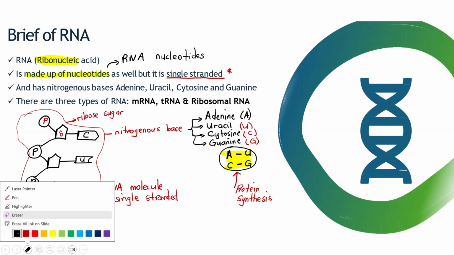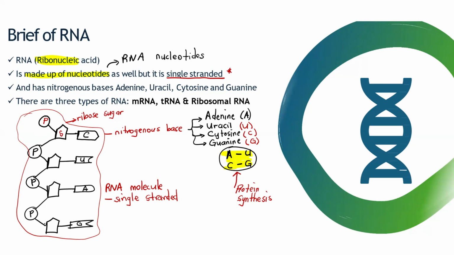It is the monomer. But the moment they want an entire RNA molecule and maybe give you a sequence, you need to follow their instruction and draw it, but it must be single-stranded. There must be no weak hydrogen bonds, because remember that an RNA molecule is a single-stranded molecule.